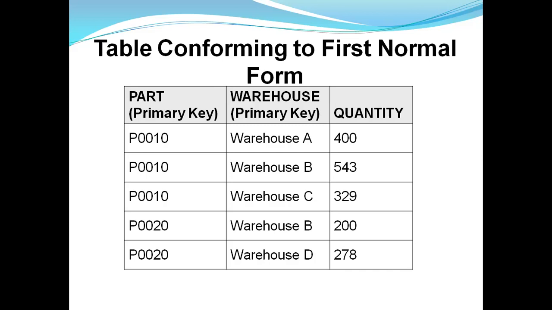That means it should fulfill all the requirements of 1NF as well, plus something extra. I'll repeat once again. Each normal form is a higher version of its previous normal form, so it should fulfill all the requirements of the previous normal form, and additionally something extra for that normal form.